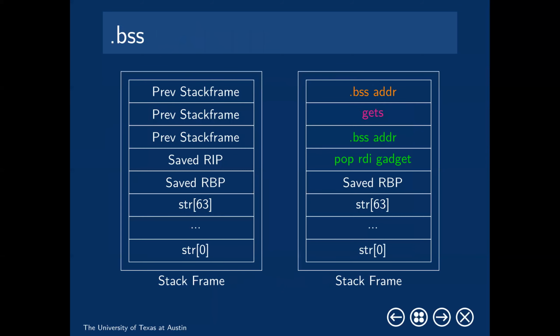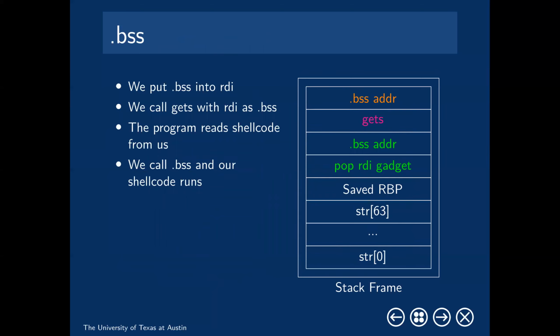So here's how we would exploit this. We would put a pop RDI gadget in a ROP chain, and then we would pop the address for BSS. What that's going to do is put the address of .bss in RDI, and then we call gets, which just reads an arbitrary length of data from the user.